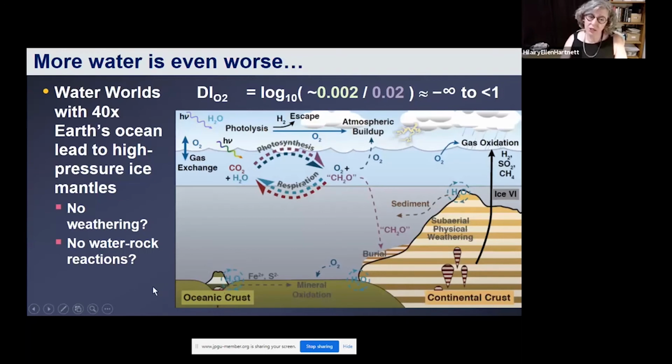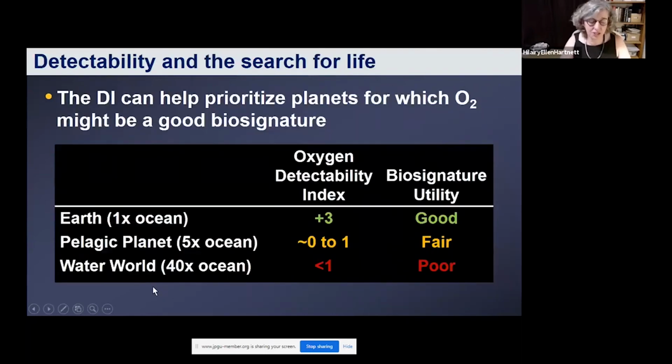So what have we learned? I've gone through a bunch of calculations. The detectability index can help us prioritize planets for which oxygen might be a good biosignature, right? Oxygen is one of the best biosignature gases we have because we know it's produced by photosynthesis, a biological process. We can compare the detectability index on Earth with one Earth ocean.